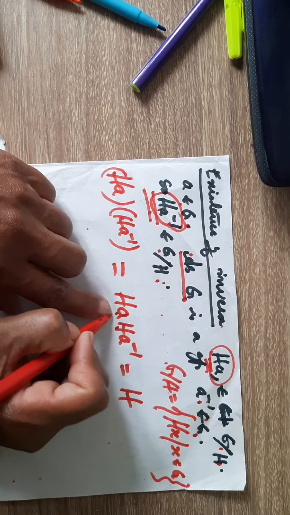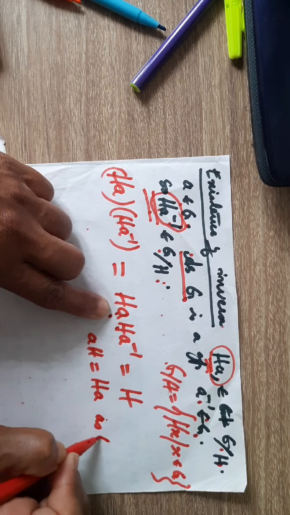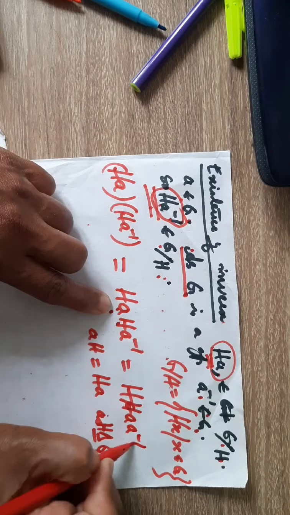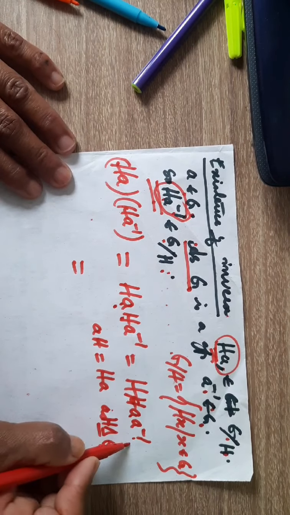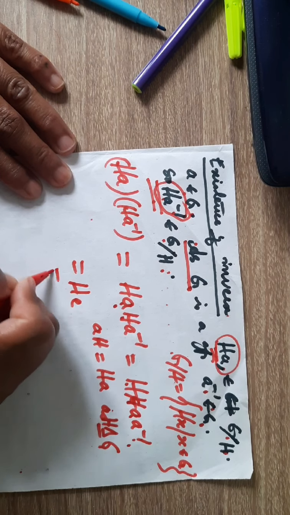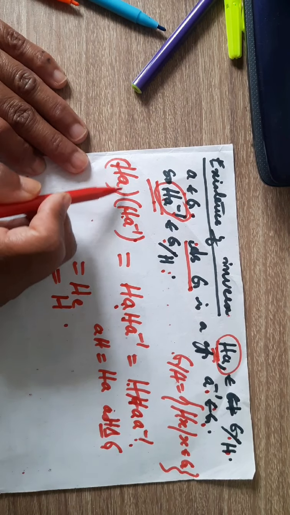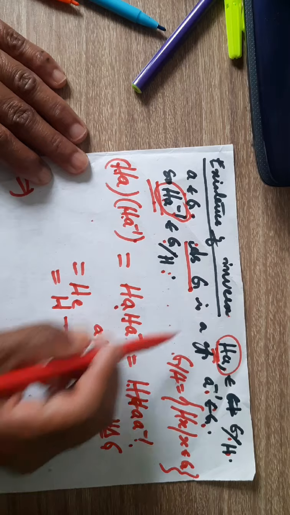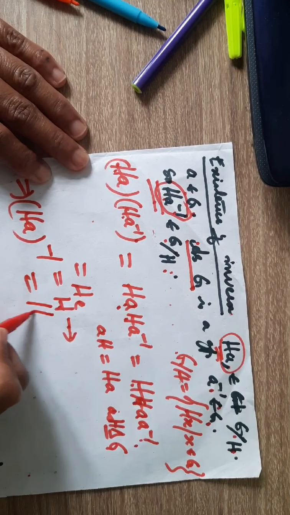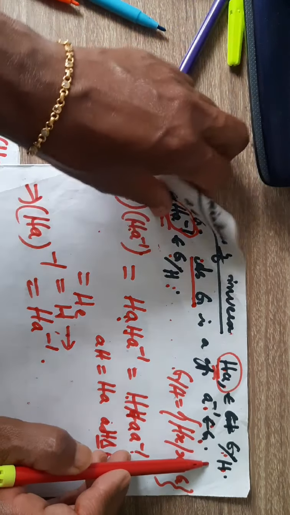Again, aH can be replaced by Ha, as aH is the same as Ha, as H is a normal subgroup of G. So this will be HH a a inverse. a a inverse gives you e, the identity, and HH is equal to H, so it will be He, which is equal to H. So you can see from here that Ha inverse into Ha gives you H, the identity element in G by H. So which means that the inverse of Ha is equal to Ha inverse. So every element Ha has an inverse in G by H.